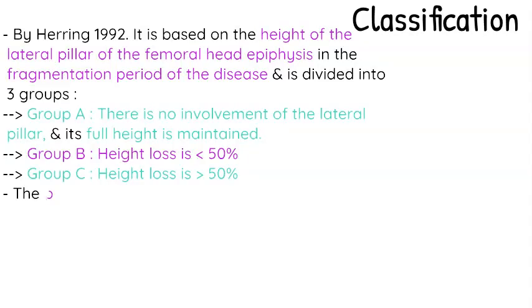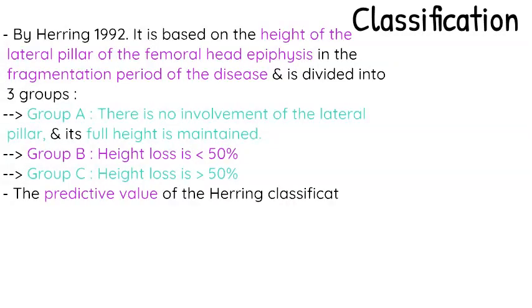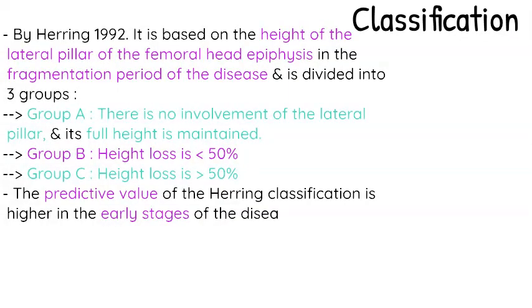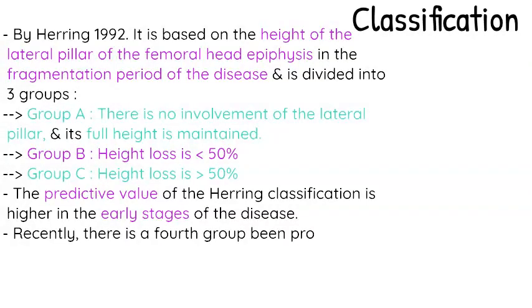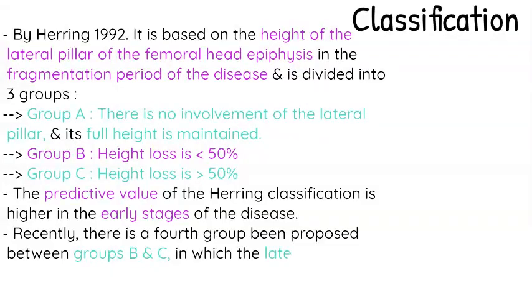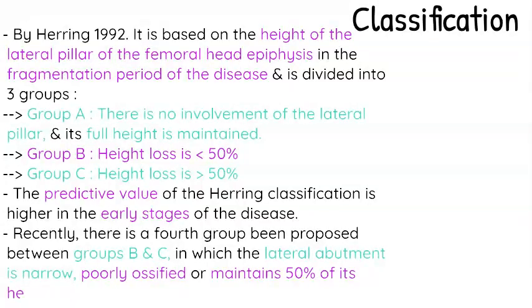Group C, height loss is more than 50%. The predictive value of the Herring classification is higher in the early stages of the disease. Recently, there is a 4th group being proposed between the group B and C, in which the lateral abutment is narrow, poorly ossified, or maintains 50% of its height.